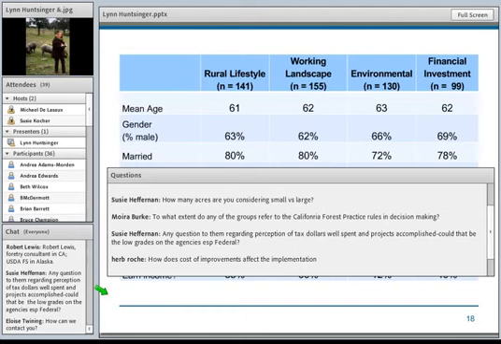Okay. Well, on the question of money, we had a question from Herb. How does the cost of improvements affect the implementation? So I think what he means is those practices you were asking about. Was there some difference in how much people were willing to do them based on how much they cost? Can't tell from that.